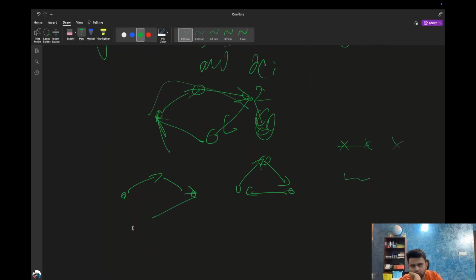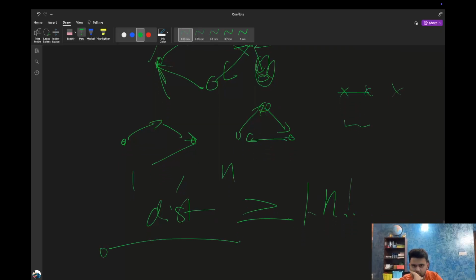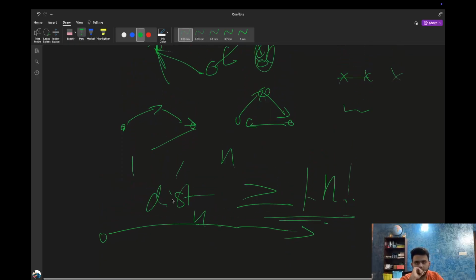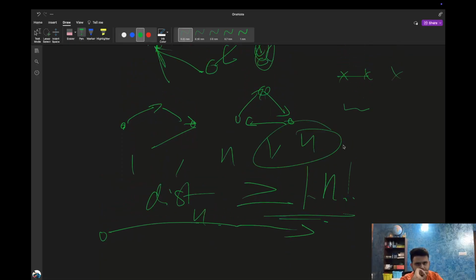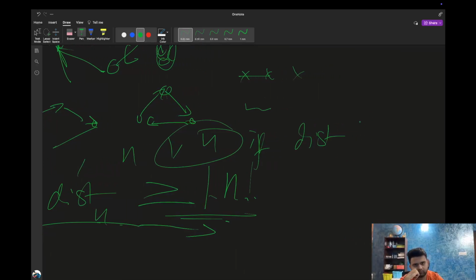Oh, if it's 1 and n, I have a distance is greater than equal to n. But max distance is here. Oh, so I ask 1 and n. If distance is greater than n, then coordinate.